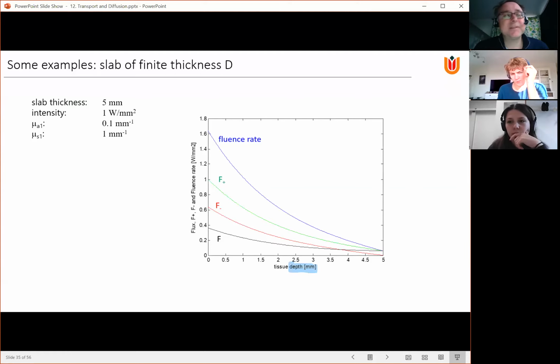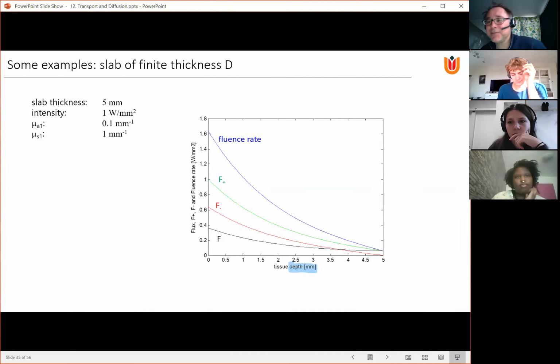And do you remember what the significance of fluence rate was? Why are we eager to calculate the fluence rate? So if I multiply the fluence rate with the absorption coefficient, I get the amount of power that is absorbed in the tissue per unit volume.